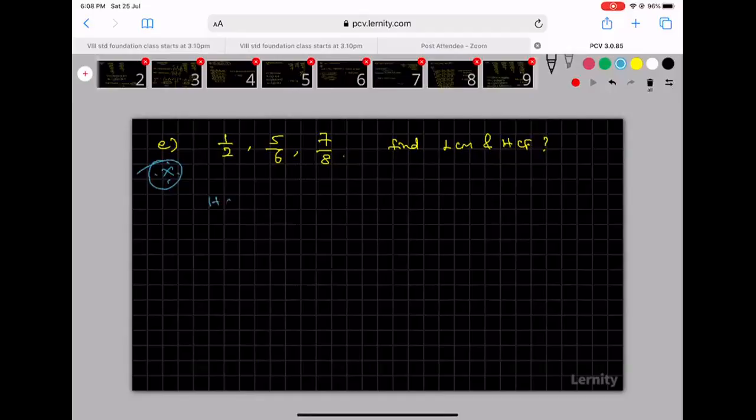If you want to find HCF, it means HCF of numerator divided by LCM of denominator. This is the formula.